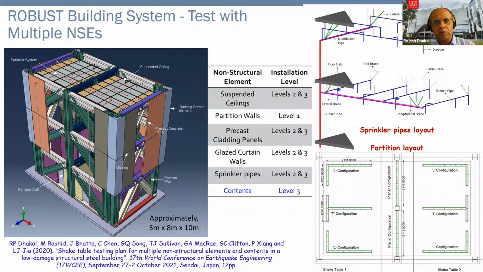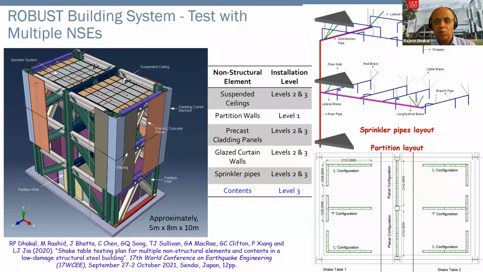You can see the suspended ceilings in levels 2 and 3, partition walls of different configurations in level 1, and precast cladding panels and glazing walls in 2 diagonally opposite corners of the building. The other 2 will have glass curtain walls. Then we'll have sprinkler pipes in levels 2 and 3, and some contents in level 3.